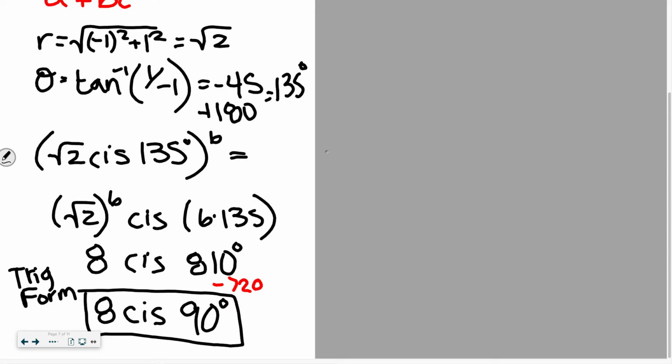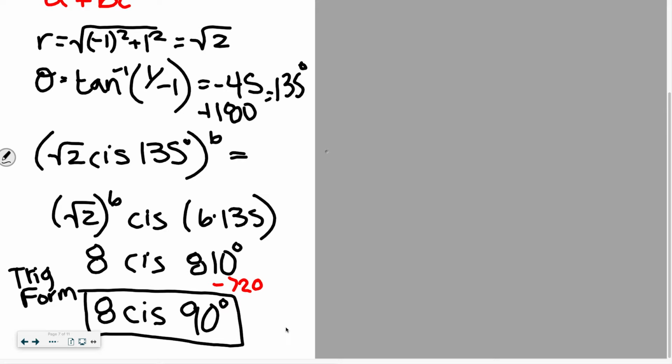And unless your directions say otherwise, I would just stop at trig form. I would be happy there. If it asked for rectangular form, you just sort of have to expand the cis form and do the work, right? So it'd be like 8 times the cosine of 90, 0. And then 8 times i times the sine of 90. That's really just 8 times 1i. So 8i would be in rectangular form.